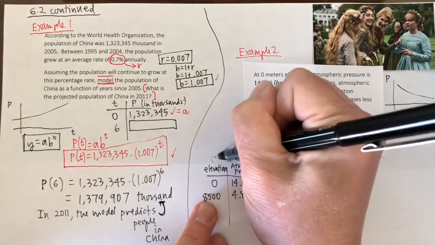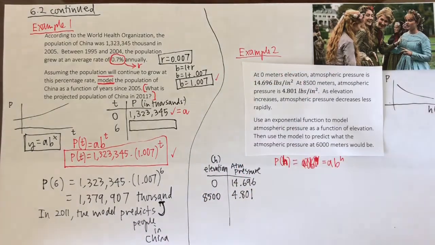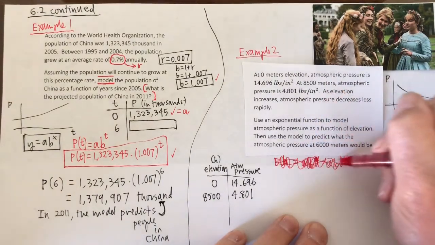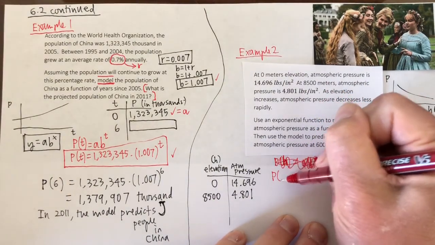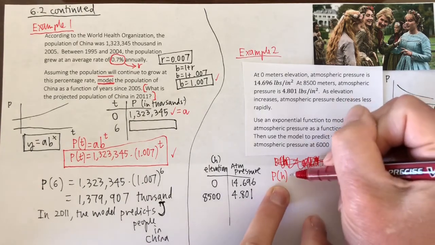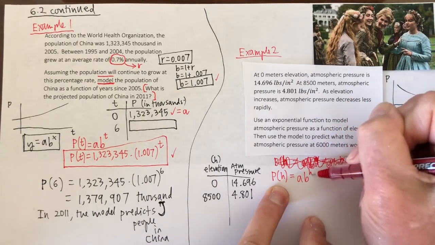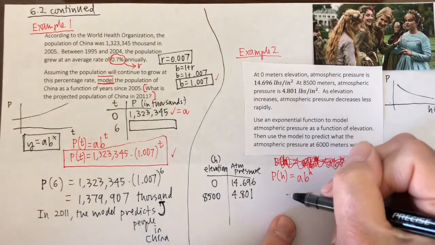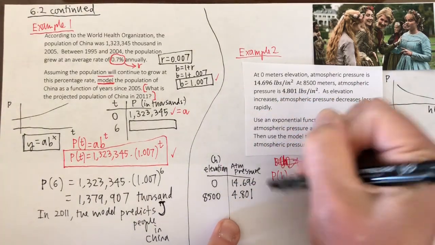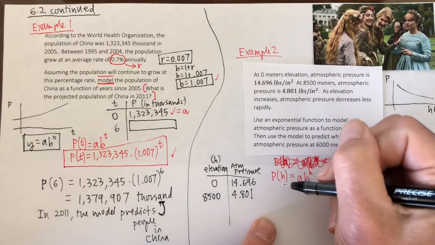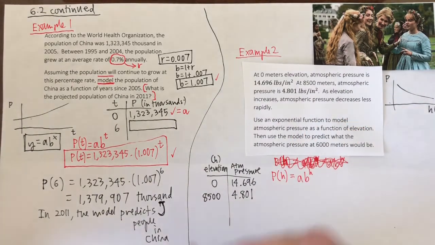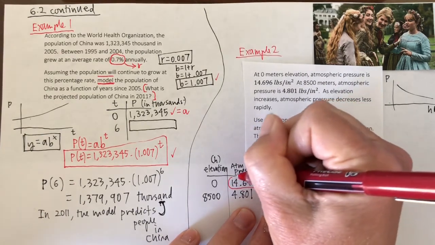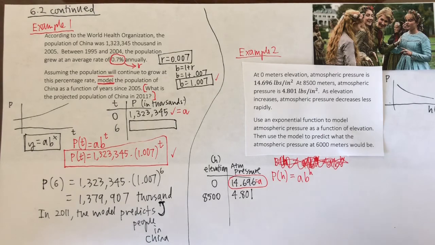So we'll call elevation h, our variable h. This looks terrible. Okay, let's start this all over. The pressure as a function of height is a times b to the h. Okay, I feel better about that. Okay, this is awesome because this is our a right here. And because it's our initial value, we just need to figure out what b is.